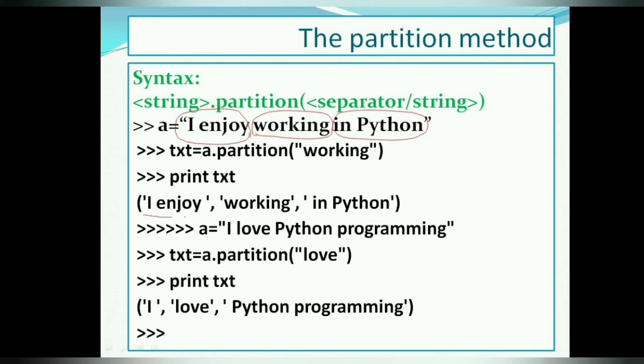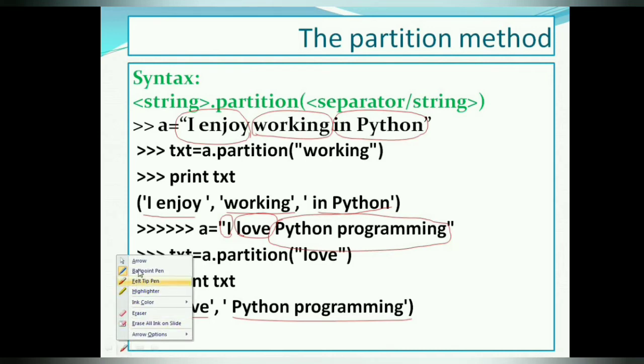If we print the text, 'I enjoy', 'working', 'in Python' are the three elements of the tuple. In the second example, we are using love as the separator. The part before love is I, and after love is Python programming. The three elements of the tuple will be I, love, then Python programming.